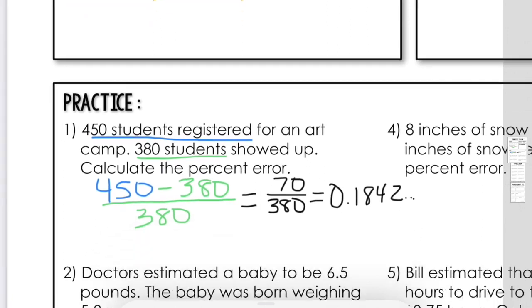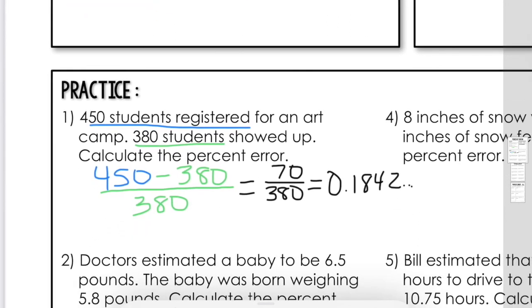From that point, we want to multiply this by 100 to change it to a percentage, which gives us approximately 18.4%. There was an error of 18.4%.